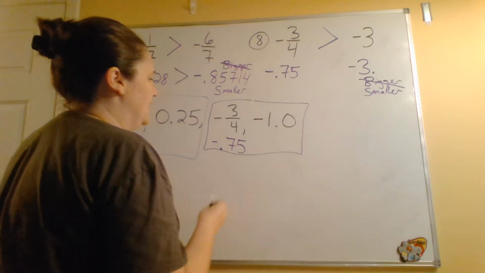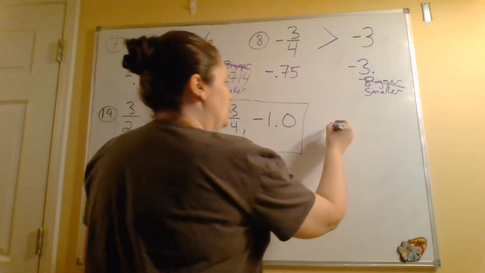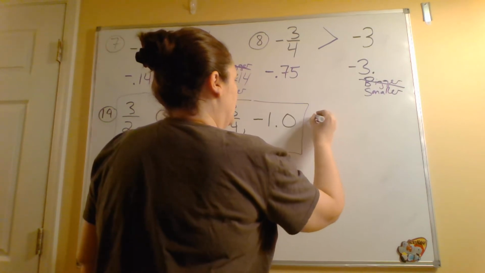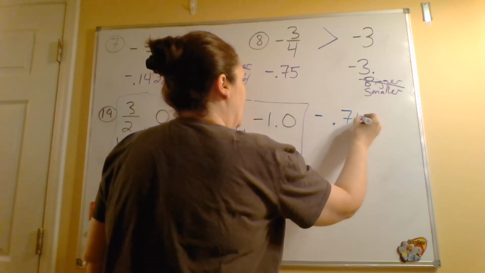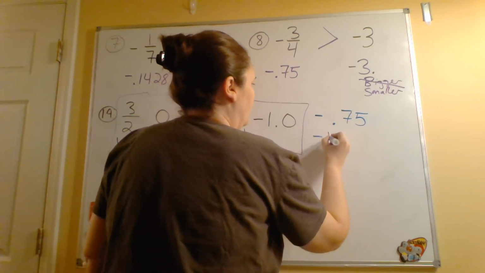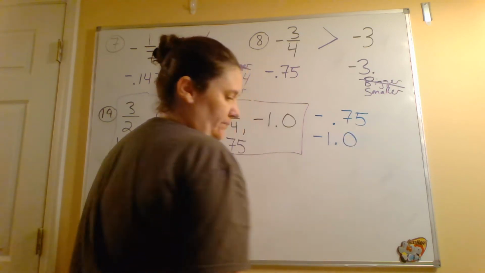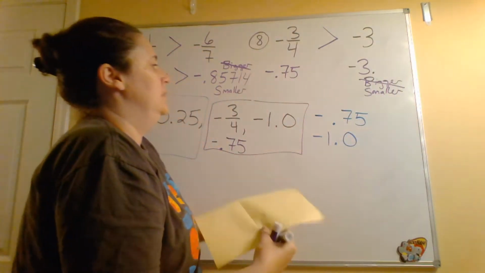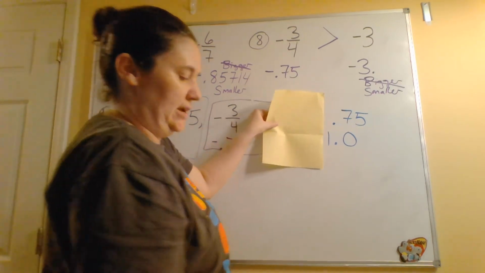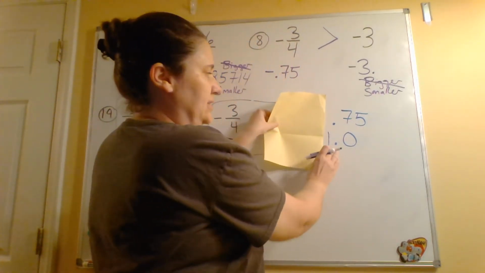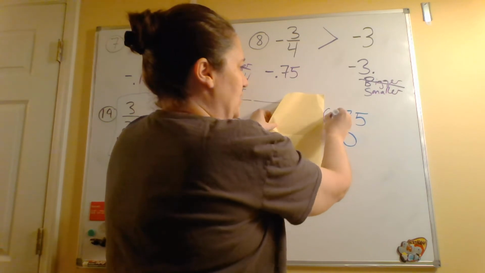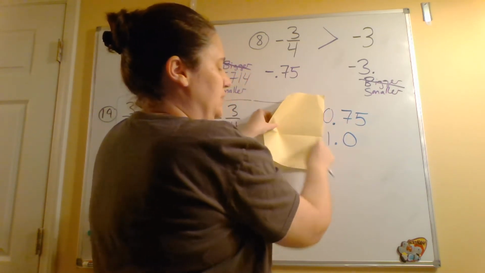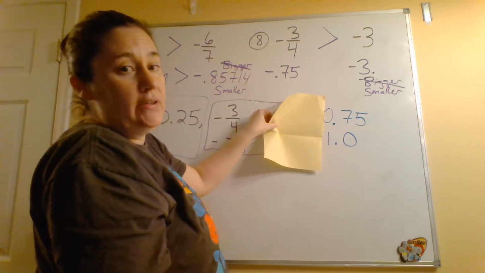So let's start with these negative numbers. -0.75 and -1.0. I'm not sure about these, so I'm going to line them up. Without the negative signs, 1.0 is definitely bigger because 0.75 has a 0 in the ones place, and 1.0 has a 1 there.